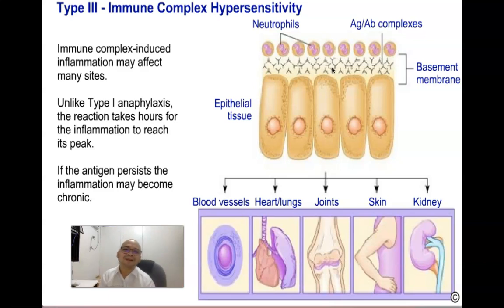So at what particular part of our organs or of our body can this immune complex be deposited? So remember, immune complex is soluble and they can be deposited in the blood vessel, in kidneys. For example, Goodpasture syndrome will damage heart and kidneys.